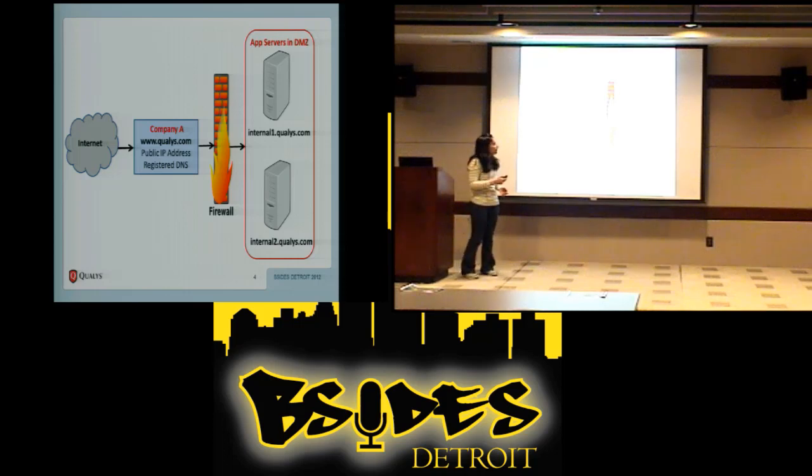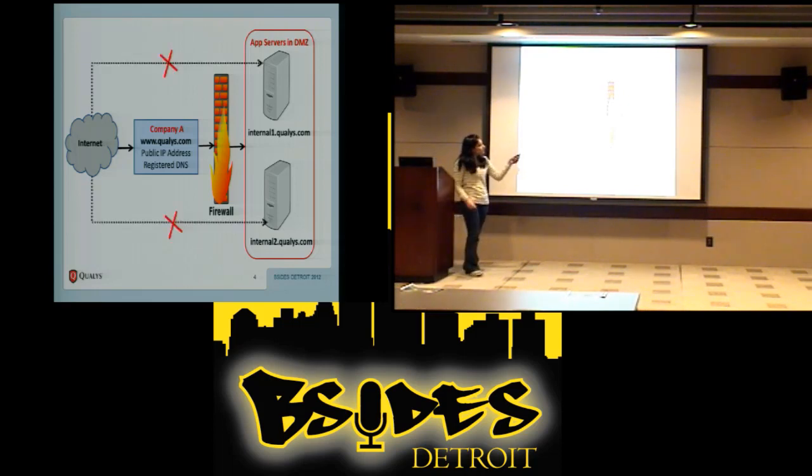All right. So we also have a couple of application servers owned by company A. Both of these application servers are behind the firewall and within the DMZ. So the first application server has an internal web address at internal1.qualys.com, and the other one has a web address called internal2.qualys.com.